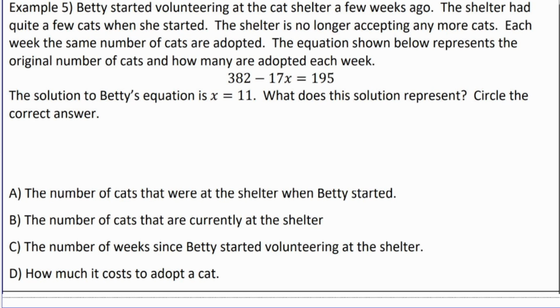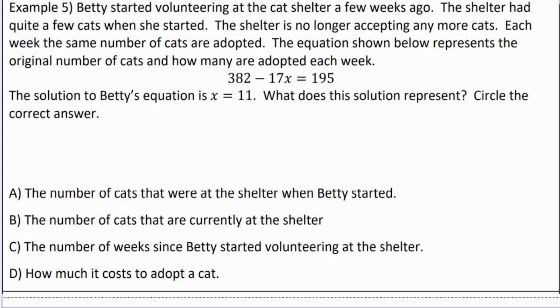So, we have the number of cats that were in the shelter when Betty started, the number of cats that are currently in the shelter, the number of weeks since Betty has started volunteering, or how much it costs to adopt a cat. So let's break this down.